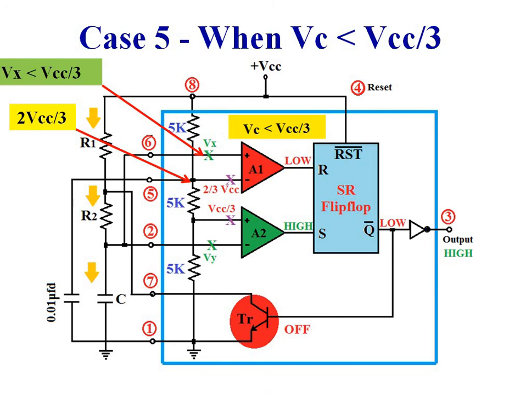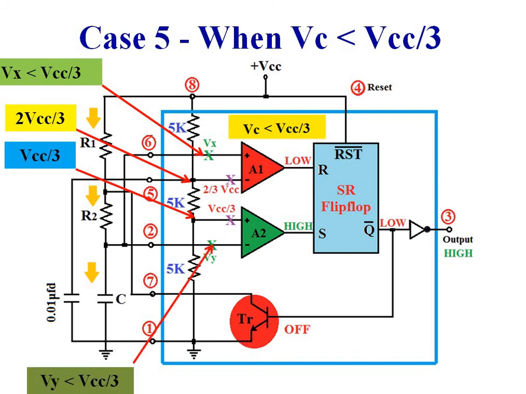Output of op-amp A1 is low. For op-amp A2, voltage at the non-inverting input is equal to VCC by 3 and voltage at the inverting input is a value which is slightly less than VCC by 3. For op-amp A2, VID is positive. As VID is positive, output of op-amp A2 is high.